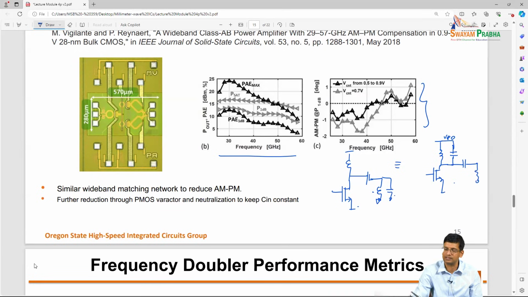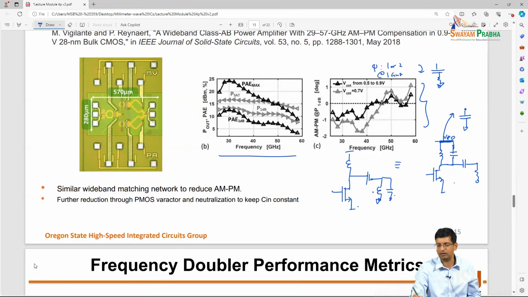These networks look the same, but now the problem is in my VDD. I have to bypass this with large capacitors, but at millimeter wave, the Q of these capacitors might lead to oscillations at low frequencies. So what you typically do is have series resistances with these capacitors, and you might target something like a Q of 1 or 2 at 1 gigahertz, a very low Q with this RC.